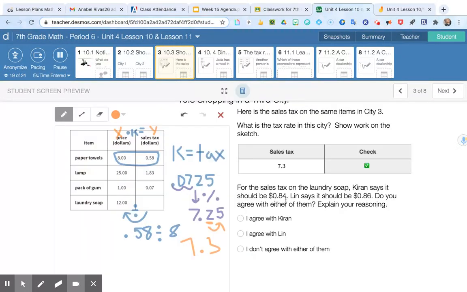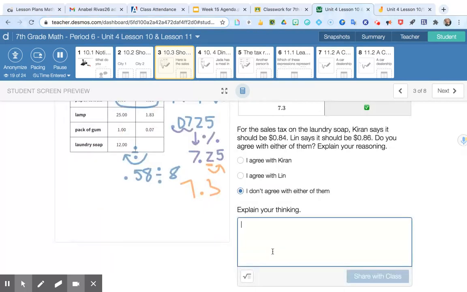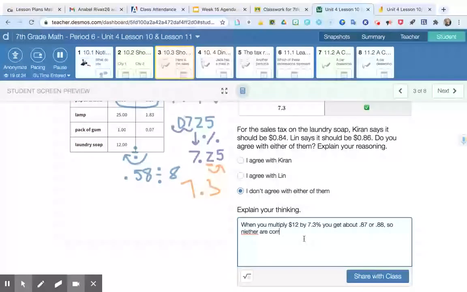So do I agree with either of them? 0.84, 0.86, not really. When you multiply $12 by 7.3%, you get about 87 or 88 cents. So neither are correct.